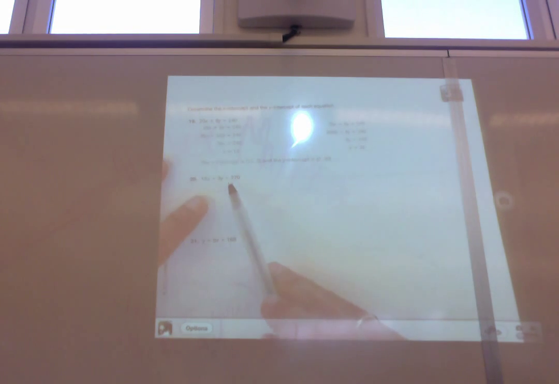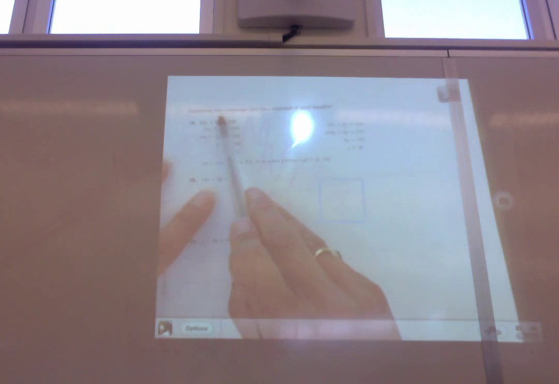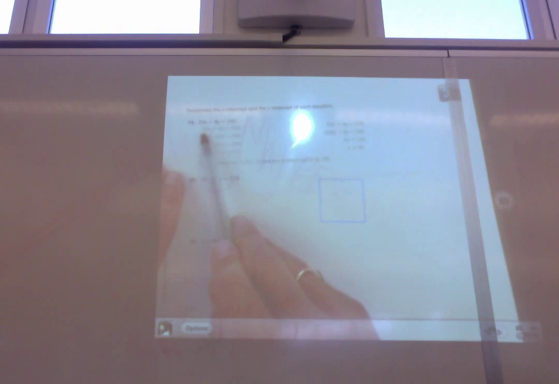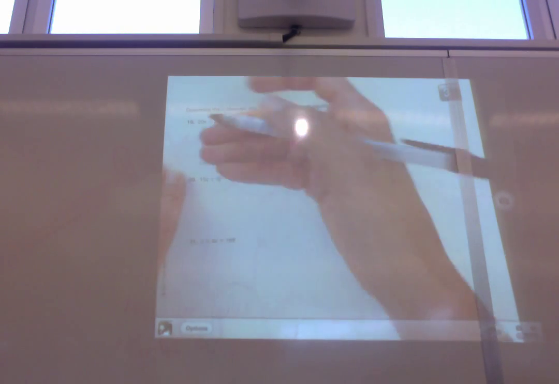But here's a different kind. Determine the x and the y-intercept. They give you an example. They take the equation, and what do they do right here in this step? What do you see in their example? They put a 0.